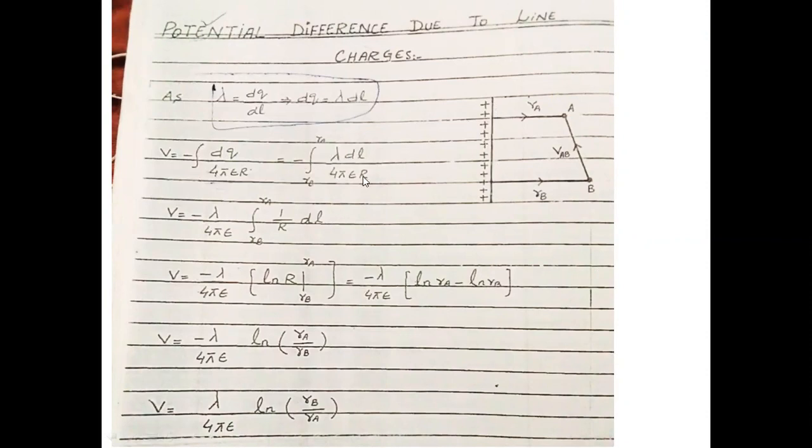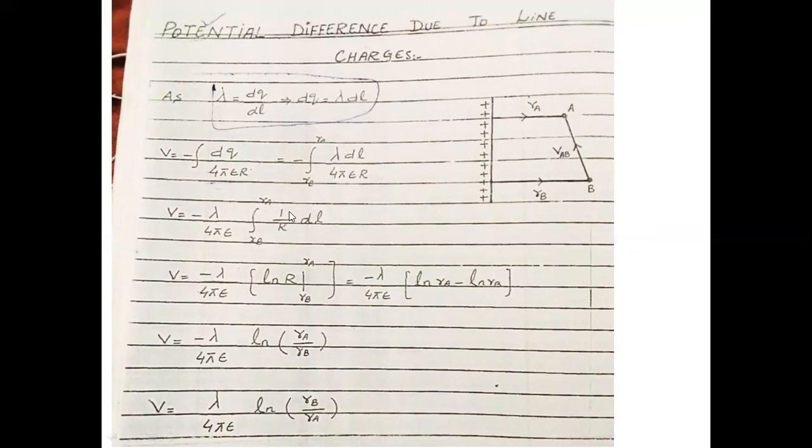So minus lambda over 4 pi epsilon, limiting from radius Rb to radius Ra. Except for r, all the terms are constant, so taking these outside and integrating with respect to dl.